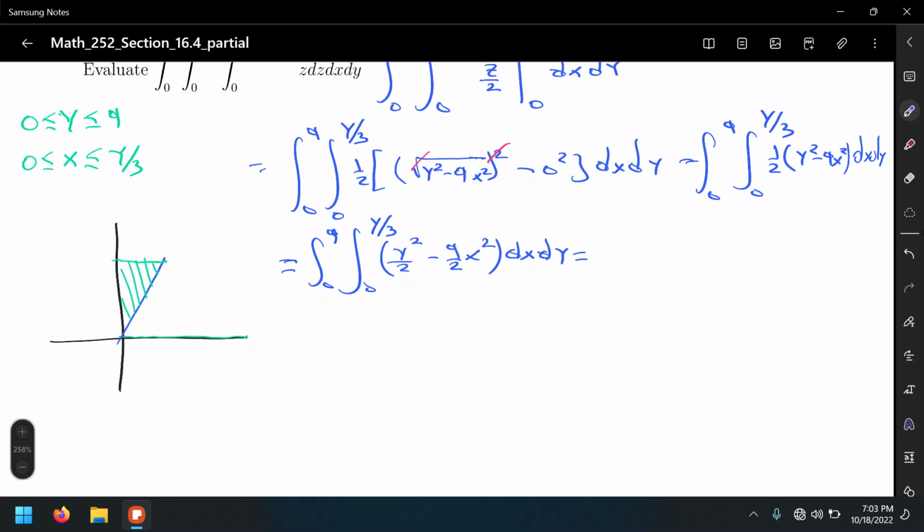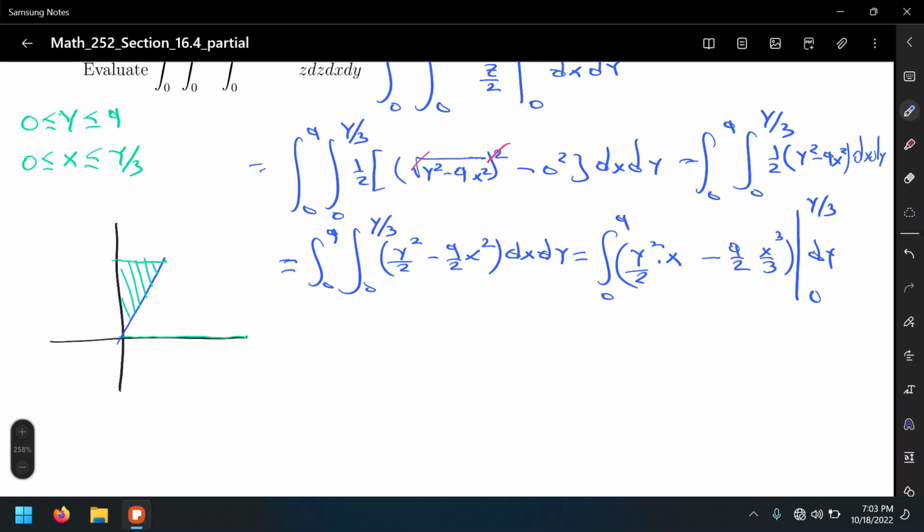So integrating with respect to x, the integral of y squared over 2, well, that's constant with respect to x. So a constant times the integral dx, that's the constant times x. So that's y squared over 2 times x minus 9/2 times the integral of x squared, which is x cubed over 3, dy, and the limits of integration are 0 to y over 3.